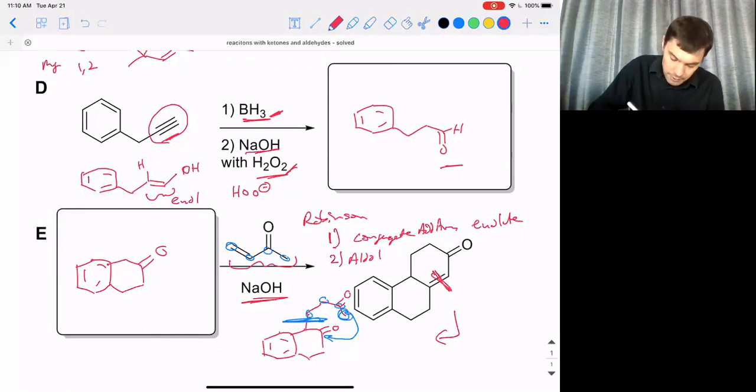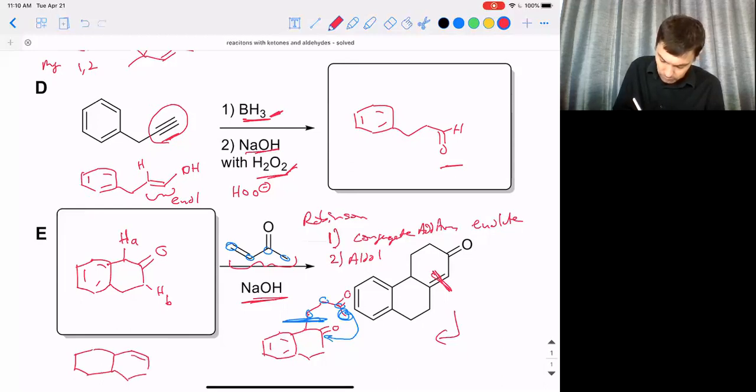And the other thing that's nice about this is the H that I'm drawing here is going to be more acidic than the H out here. So I'll label this one A and B. And so A is more acidic than B because if you draw that enolate from deprotonating HA, we can delocalize that negative charge not only into the enolate oxygen, but also into the aromatic ring that's over here.